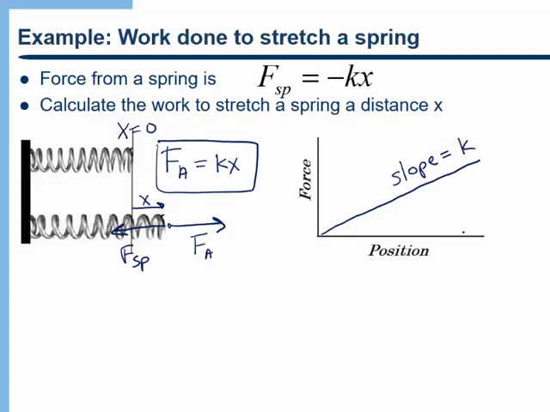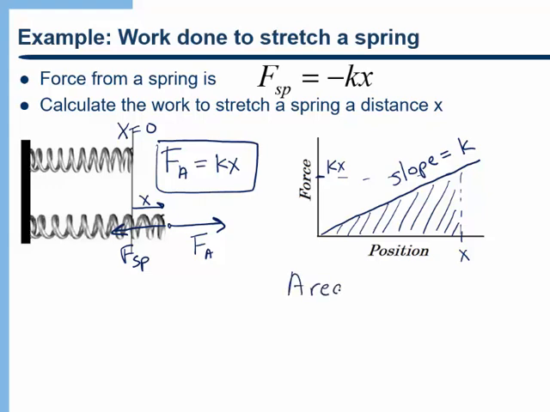And what we now want to do is figure out how much work do we do in stretching that spring a distance x. Well, again, that really is just a matter of figuring out what is the area here. Well, this point is kx. And so what we want to do is find the area.